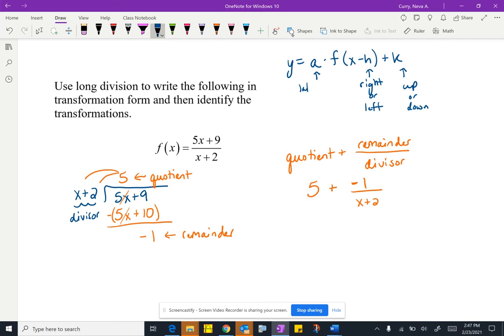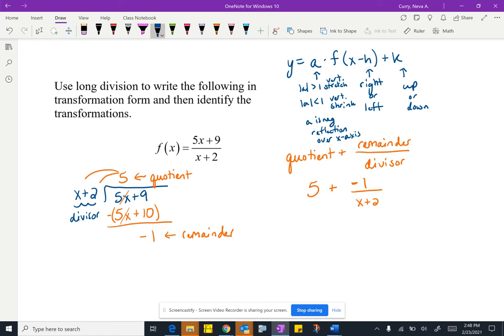If the absolute value of a is greater than 1, it's a vertical stretch. If the absolute value of a is less than 1, it's a vertical shrink. And then if a is negative, it's a reflection over the x-axis. So that's just a friendly reminder.